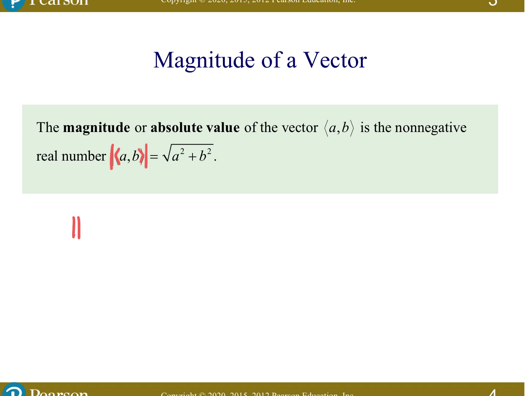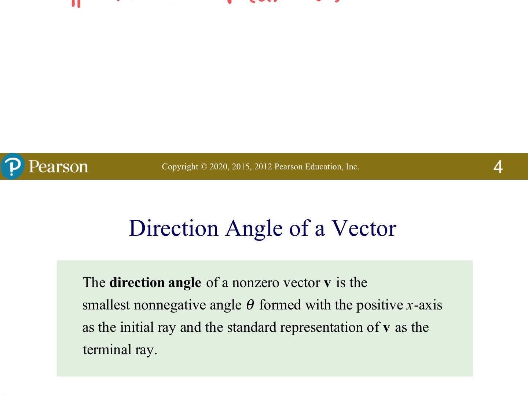I prefer the double because it distinguishes it from absolute value. So you'll commonly see that double bracket when you're reading College Board material. Just be familiar with both of those notations, and it's always the square root of the a component squared plus the b component squared. Magnitude is what that means.